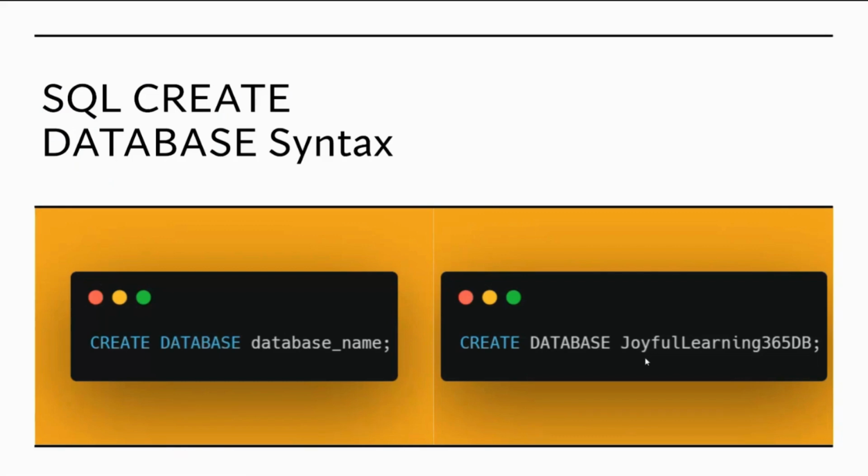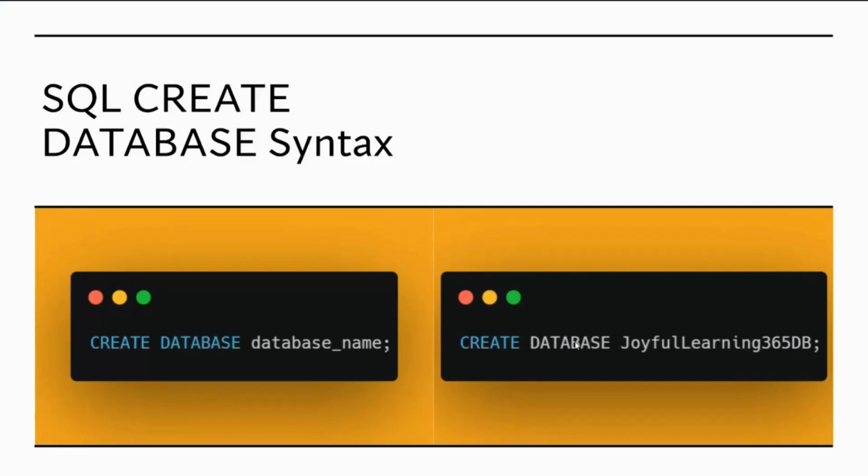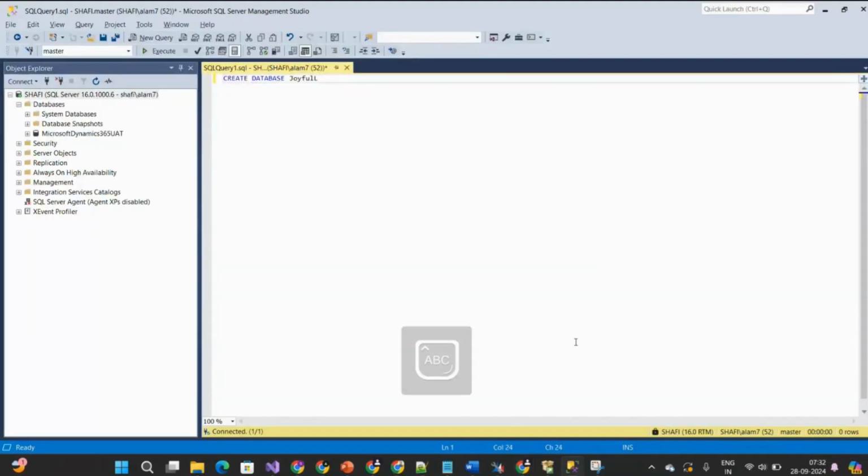In the example I have taken Joyful Learning 365 DB. I'm giving my YouTube channel name here, Joyful. Let me give Joyful Learning, with L as a capital, Learning 365 DB.